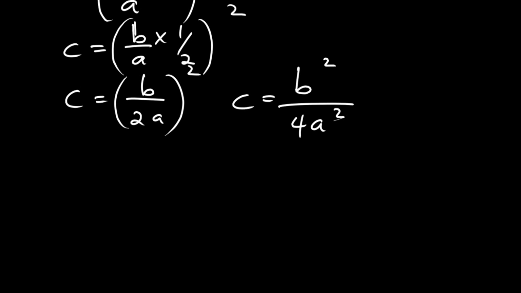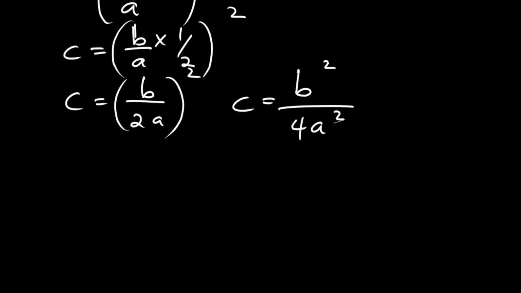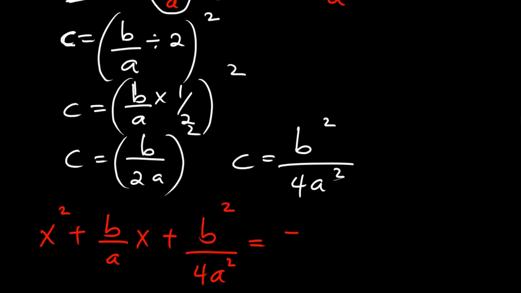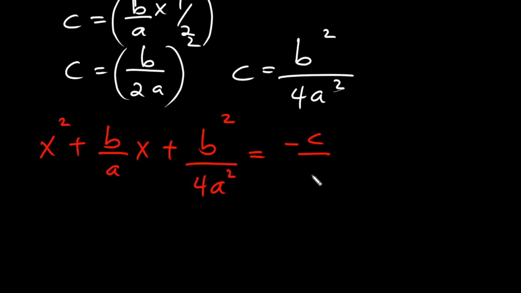It's going to be x squared plus b over a x plus c, which is now b squared over 4a squared, is equal to negative c over a. To keep the equation balanced, since we have added b squared over 4a squared on this side, we also need to add the same b squared over 4a squared to the other side.